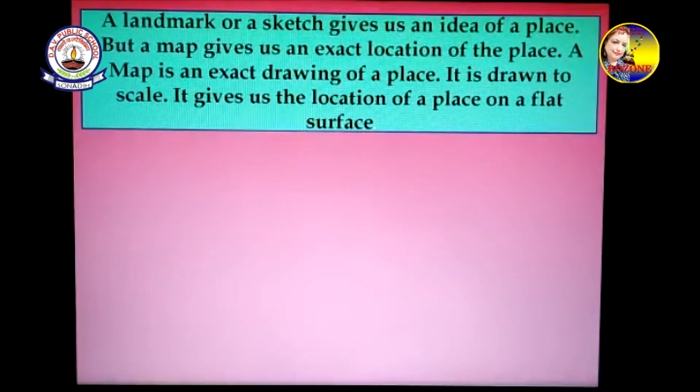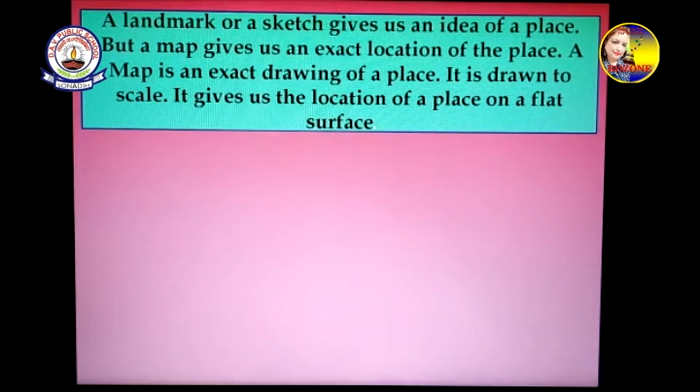A sketch gives us an idea of a place, but a map gives us the exact location of the place. A map is an exact drawing of a place. It is drawn to scale.